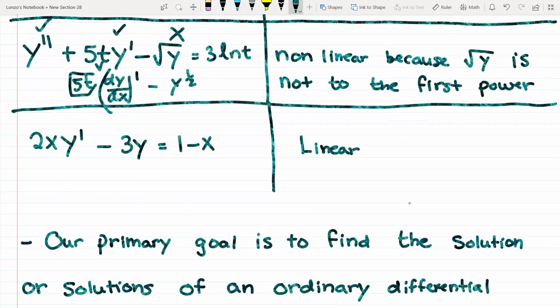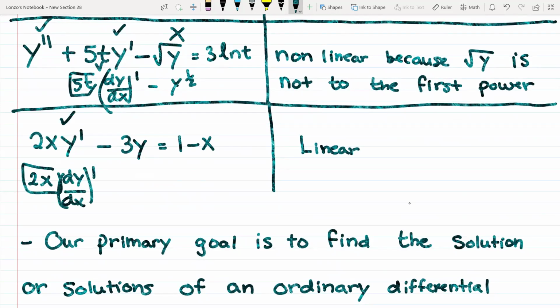And let's look at the last one. We have 2xy'. So why is this linear? Why is this fine? It's 2x, and then y prime is the same thing as dy/dx. This is to the power of 1. The coefficient is 2x, and you're fine as long as it doesn't have a y, so that's why it's fine.